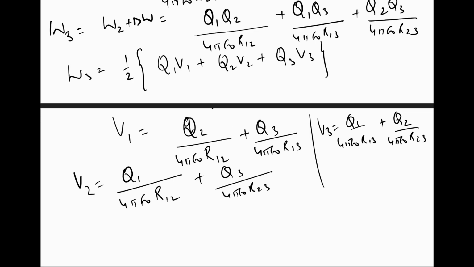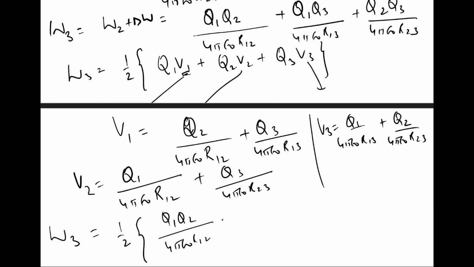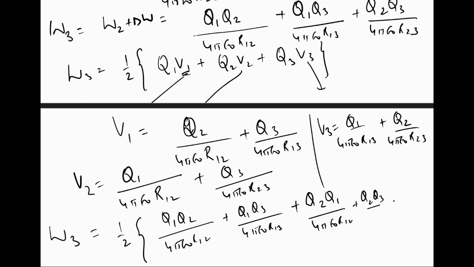So putting these values of V1, V2 and V3 here, I can write it simply as W3 is equal to 1 by 2 of Q1 Q2 over 4 pi epsilon naught R12 plus Q1 Q3 over 4 pi epsilon naught R13, plus Q2 V2 is equal to Q2 Q1 over 4 pi epsilon naught R12, Q2 Q3 over 4 pi epsilon naught R23, plus Q3 Q1 over 4 pi epsilon naught R13 plus Q3 Q2 over 4 pi epsilon naught R23.